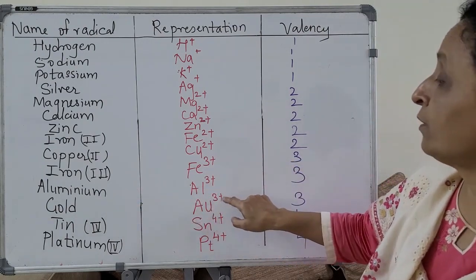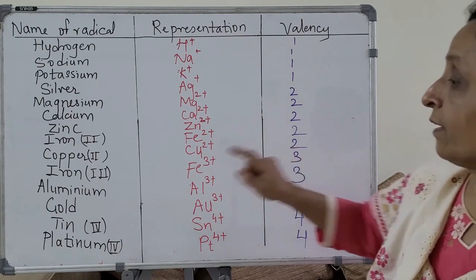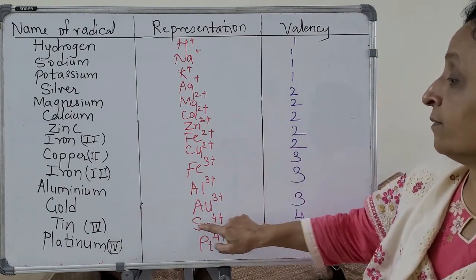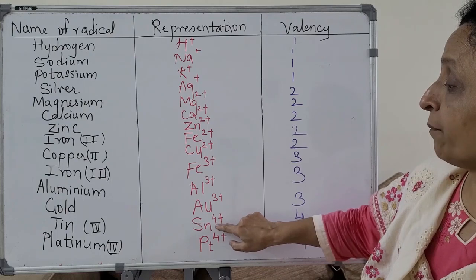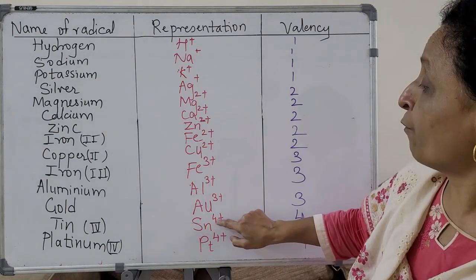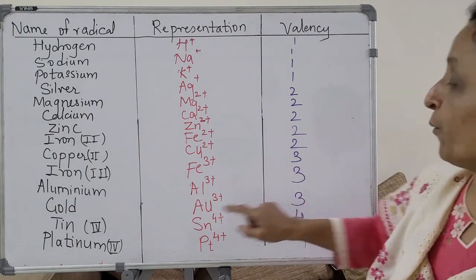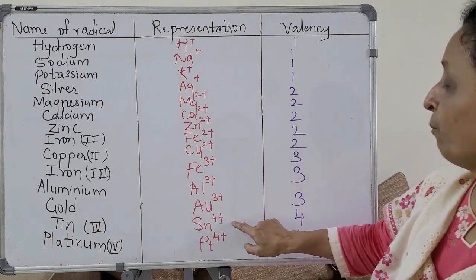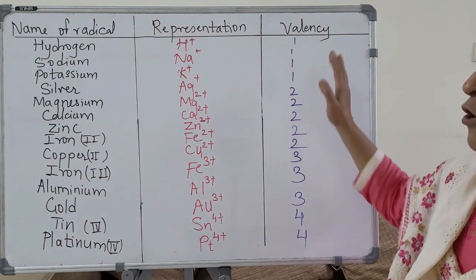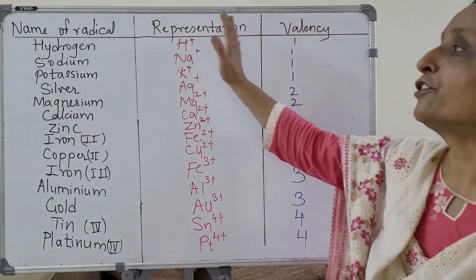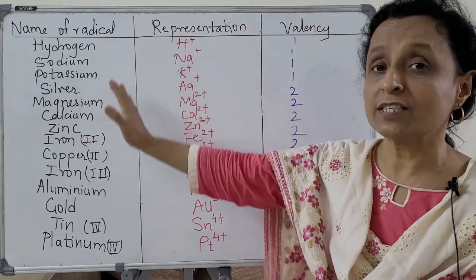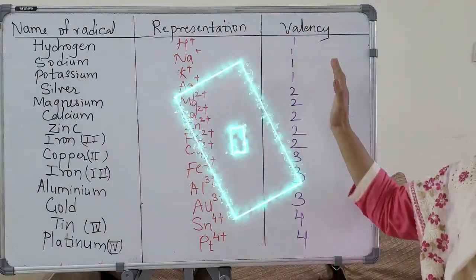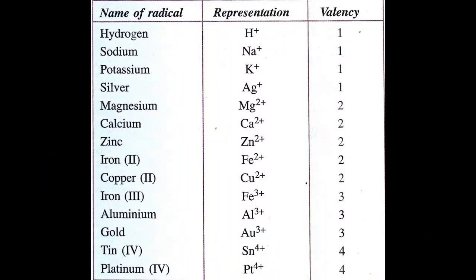Gold Au 3 plus, valency is 3. Tin Sn, this is the Latin name, therefore it is Sn, 4 plus, valency is 4. Platinum Pt 4 plus, it is 4. So this is the representation of the positive radicals and their valency.